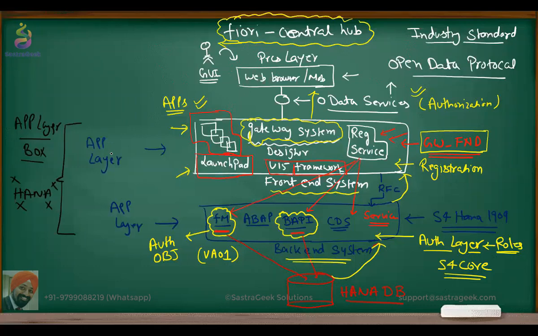So the presentation layer sits on top of the front-end system, right? Presentation layer is nothing but your web browser. Your web browser is the presentation layer. The web browser also has a lot of capabilities. It has an HTML framework, and HTTP protocols, which call the data from the required system. So that is your presentation layer.